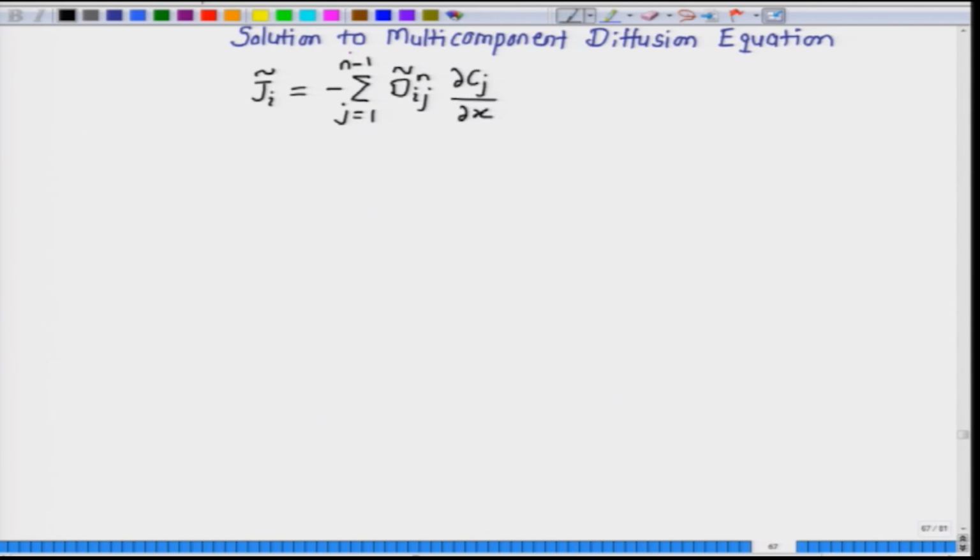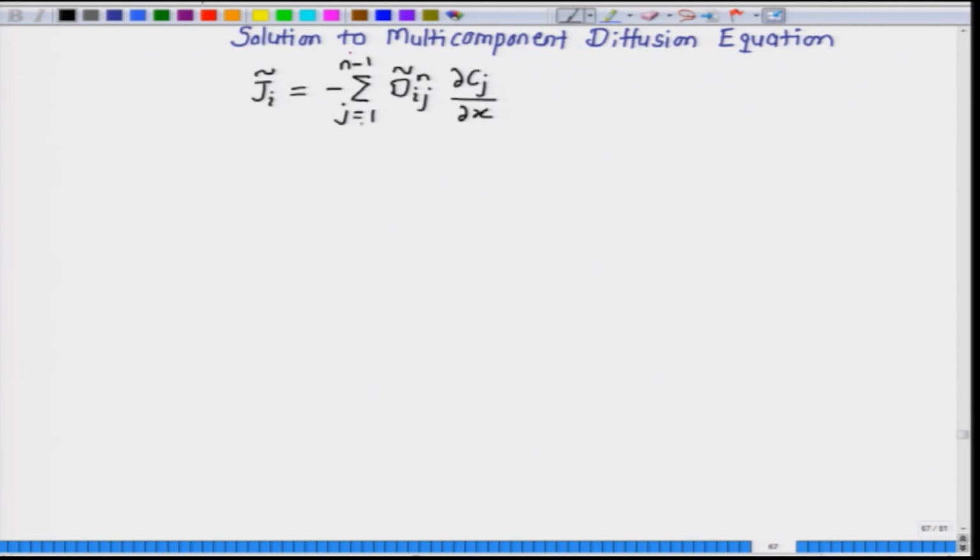So, the flux of component i is related to the gradient of component j through the interdiffusion coefficient D i j tilde n. The superscript n here denotes that component n is taken as the dependent component. Now, there are n minus 1 independent concentration gradients, that is why j varies from 1 to n minus 1.